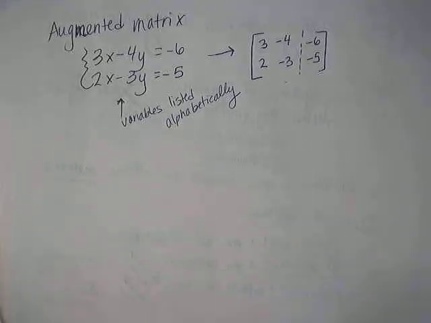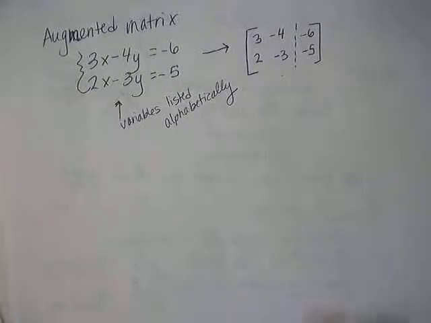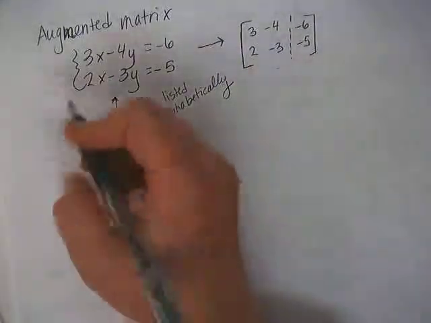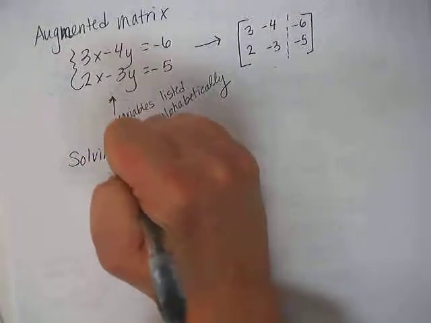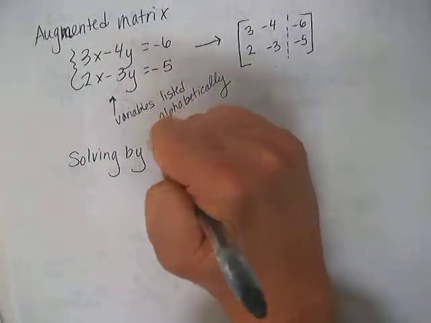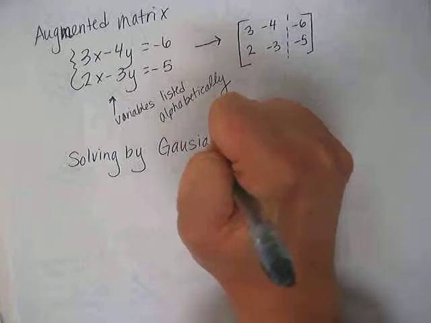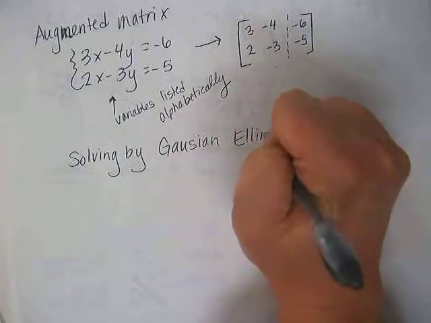The one that we use 1 day from now is a formula, so it's pretty straightforward: plugging them in, get out the answers. The one we're doing today requires a little bit of creativity and puzzle solving skills. So what we're doing today is solving by what's called Gaussian elimination.